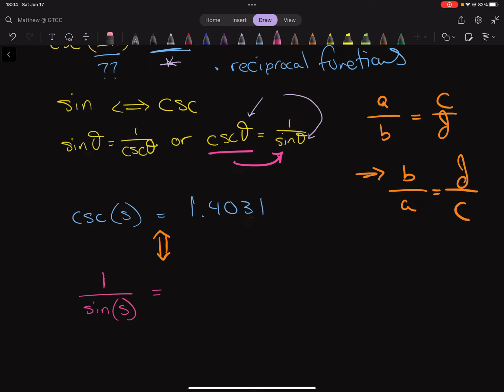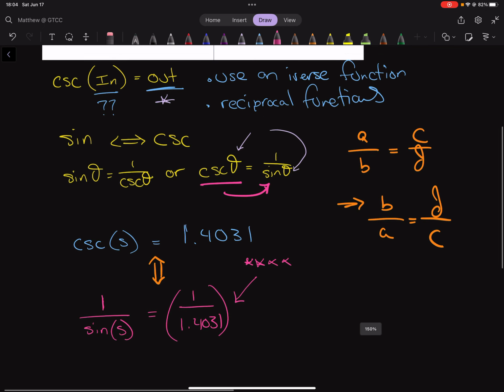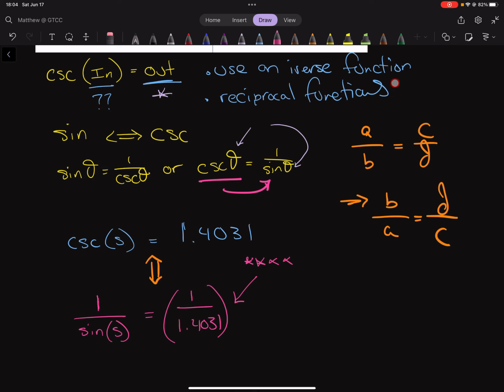So 1 over sine of s is equal to 1 over 1.4031. This is critical to determining what we have going on. It combines the inverse function, because we're going to take the inverse sine of this, with reciprocal functions.